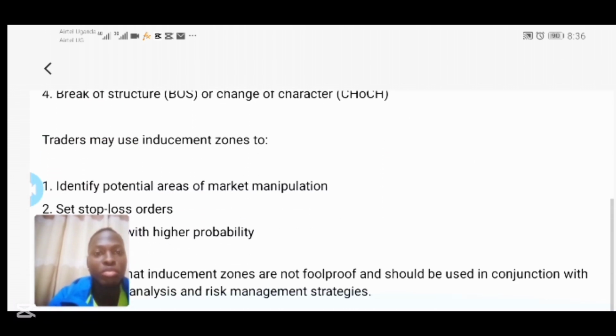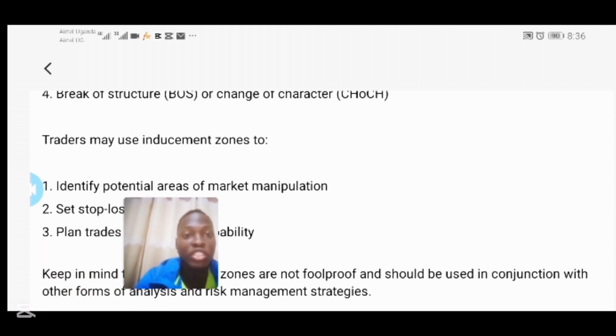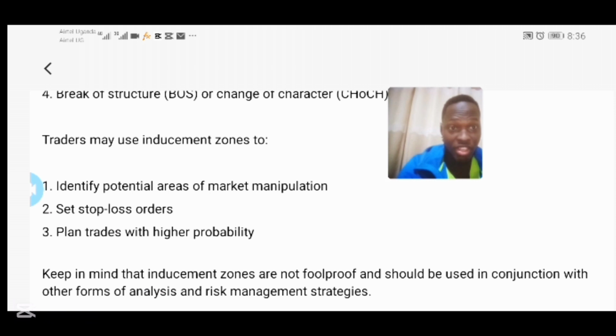Here, traders may use inducement zones to identify potential areas in the market of manipulation and stop loss. They use it to find stop loss orders and plan trades with high probability. So guys, these are some of the ways traders use these zones to trade.